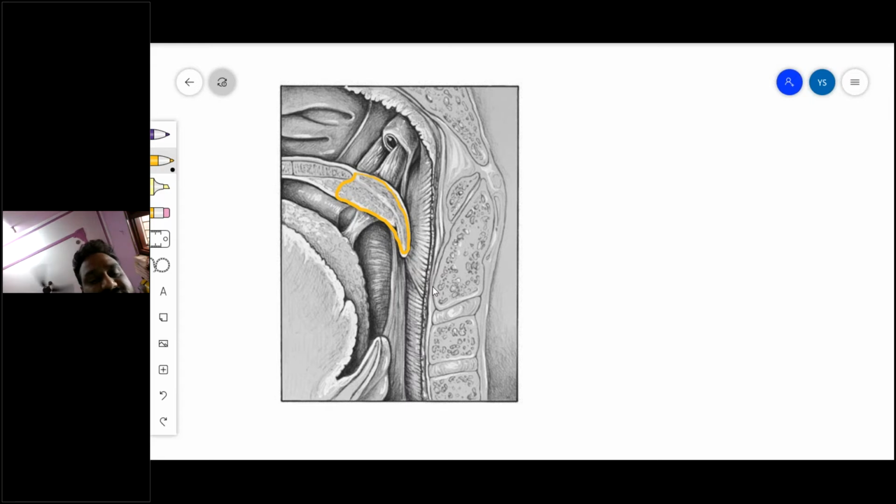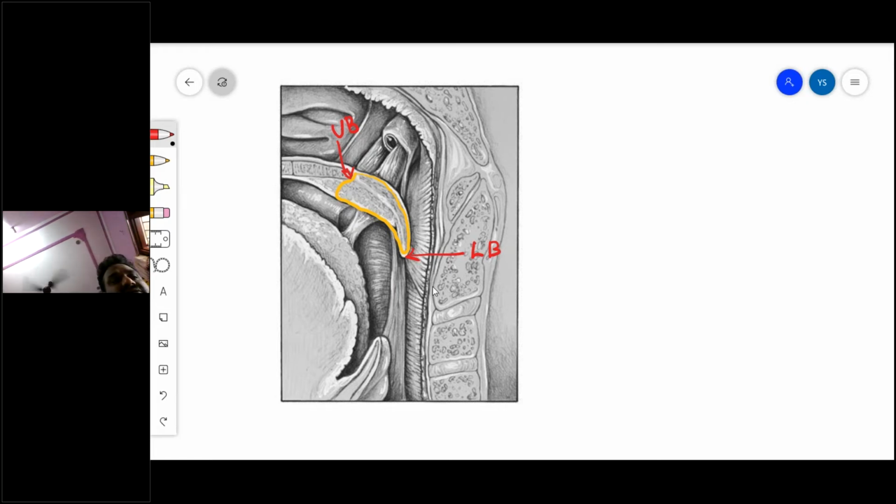Now we come to the parts of the soft palate. In this picture, this one is the lower border, and this one is the upper border attached to the hard palate.